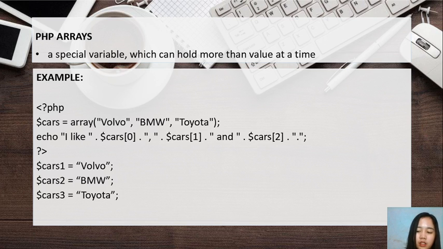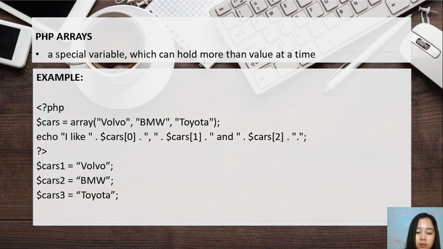If you have a list of items, for example many cars, storing the cars in single variables could look like this: cars1 equals Volvo, cars2 equals BMW, cars3 equals Toyota. However, if you want to search for something specific, and you have not just three cars but many, 300, 400, 500, the solution is to create an array.